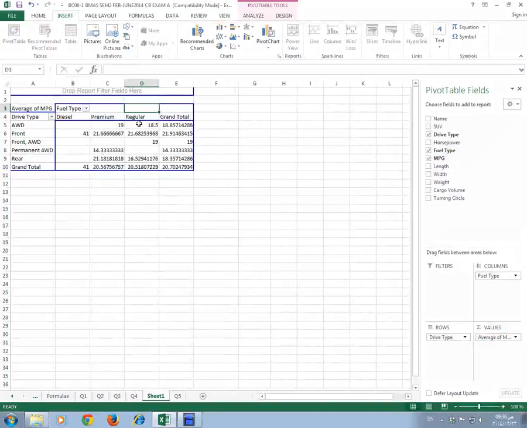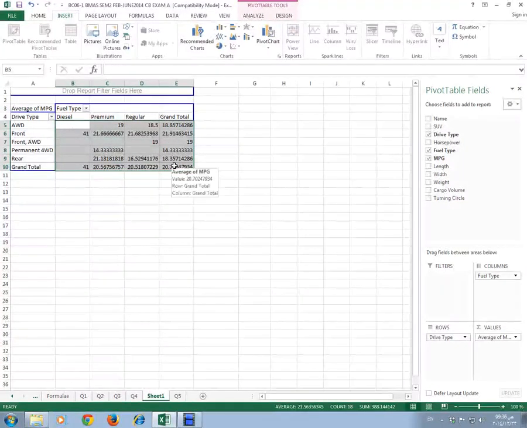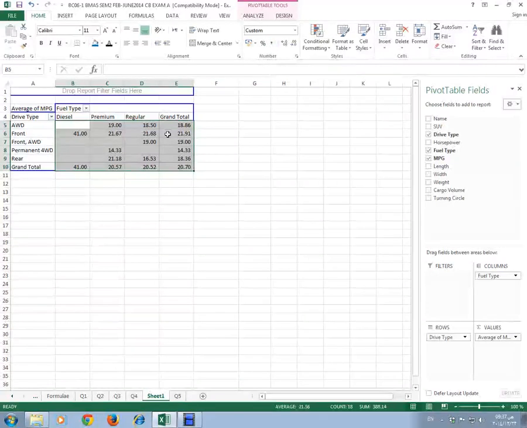Now it is average. It is preferred to make 1 or 2 decimal places. So I will make it 1 or 2 decimal places from Home. You see this is the decimal places. You can make it like this, just the comma here, it will make all of them 2 decimal places, and that is enough. It's very clear that these are the averages.